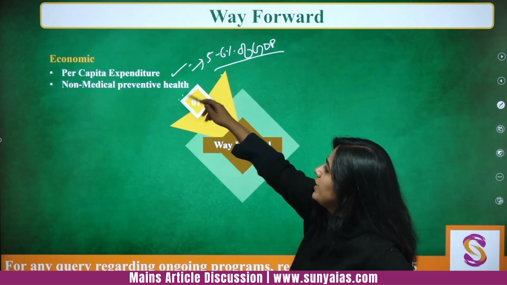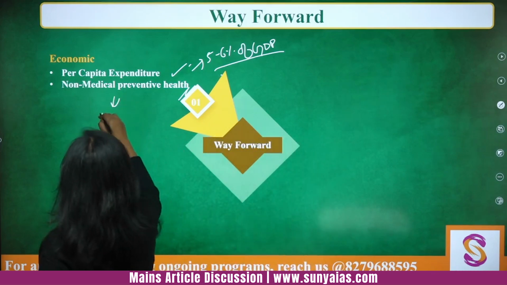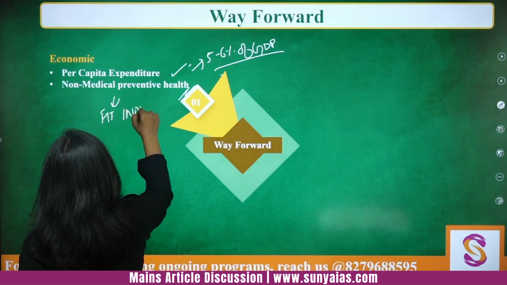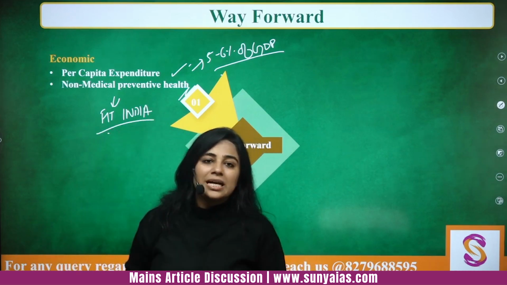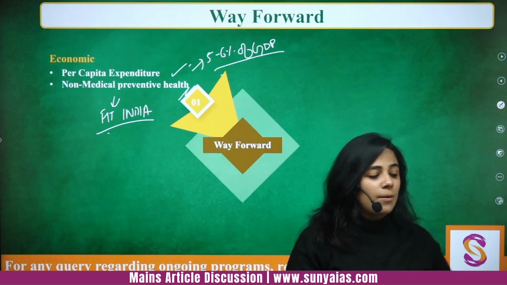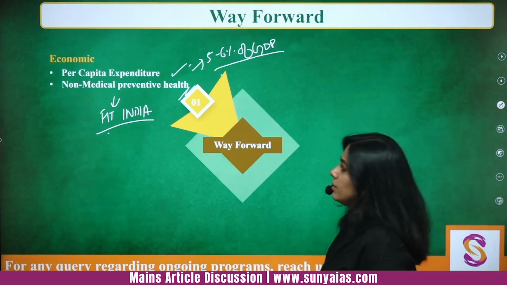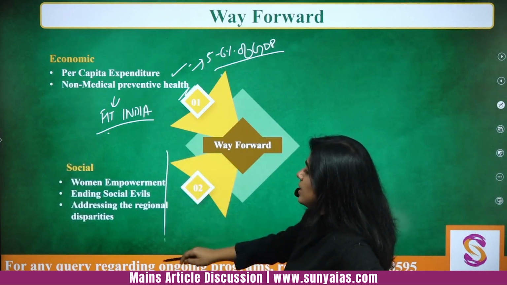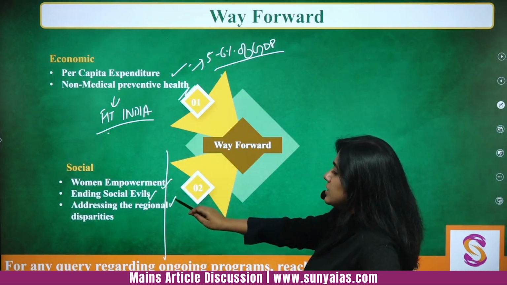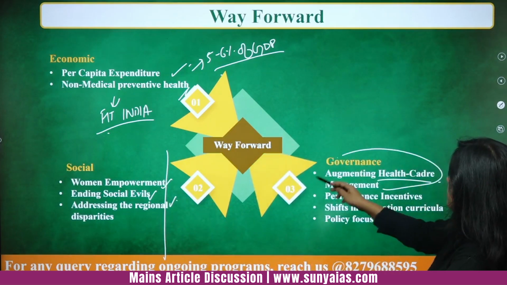Then non-medical preventive health, if that is improved, for example, as I told you, Fit India movement, or the Yoga Day, International Yoga Day, 21st June. These kinds of initiatives will develop a culture of health, and that is what will improve the health indicators. Then there is women empowerment, ending social evils, addressing regional disparities, augmenting health cadre management.